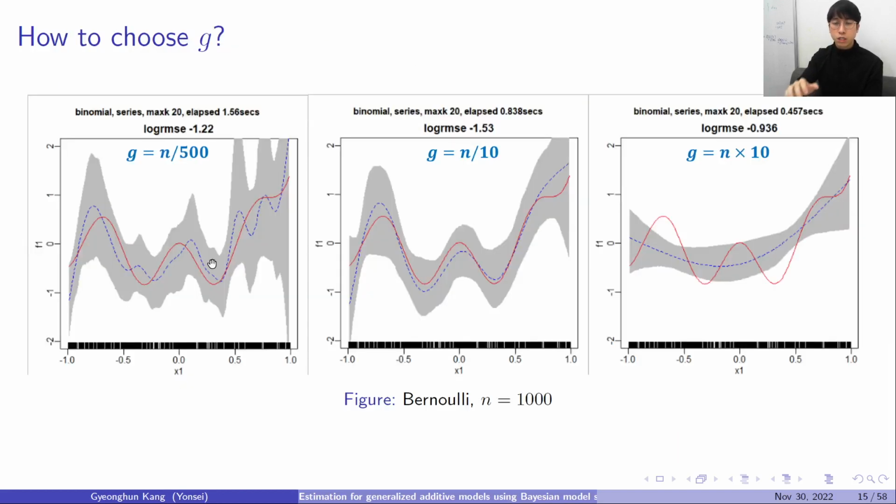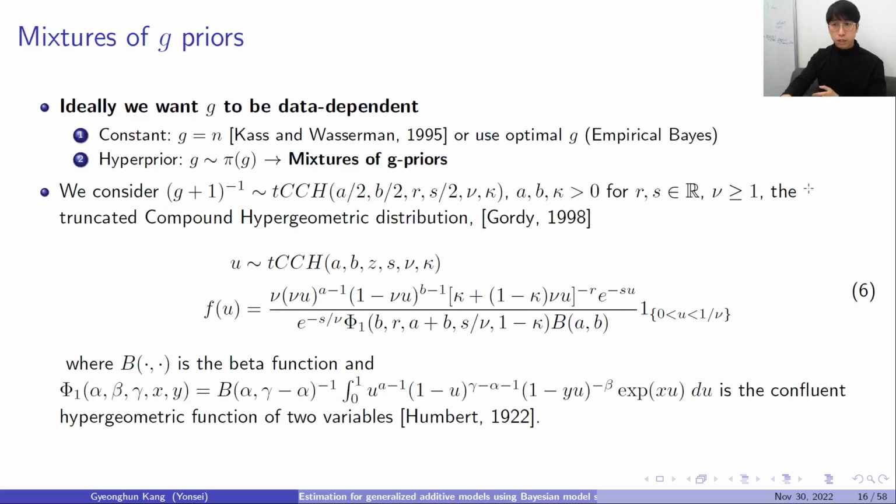If you use a G that is too small, the function estimate would be too wobbly, too unstable, because too many knots are included. If you use a G that is too large, then we are favoring simpler models, because adding knots is penalized too much. So we want G to sit in between, to be appropriate with respect to the data. We want G to be data dependent.